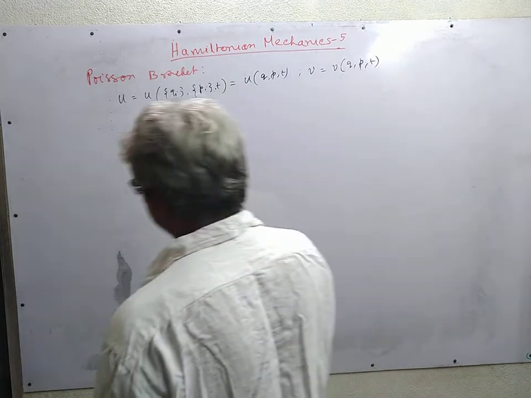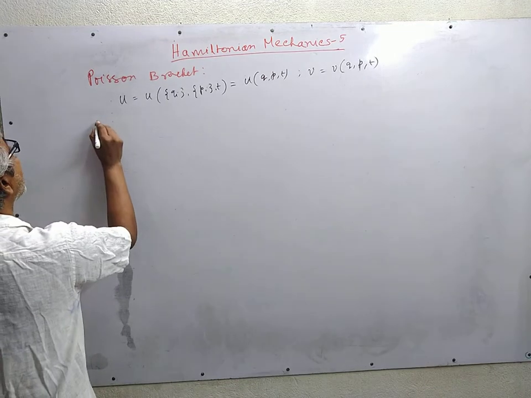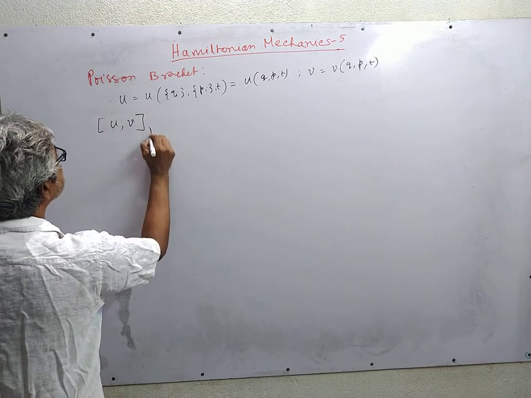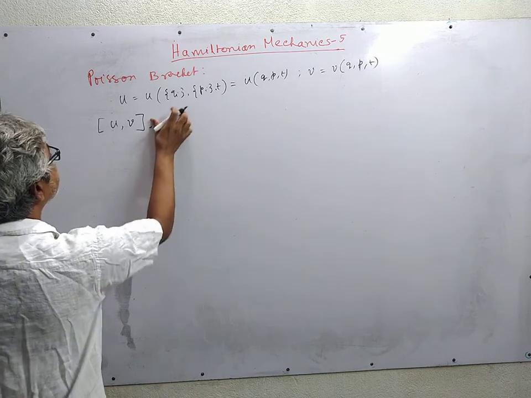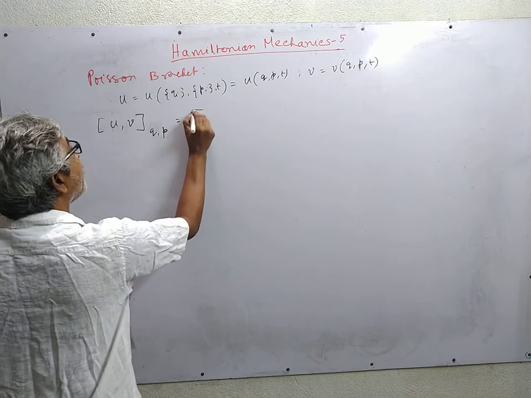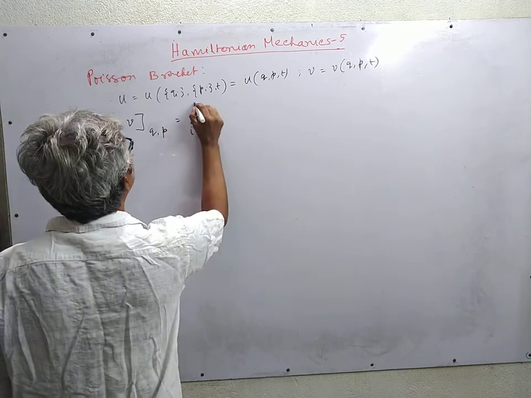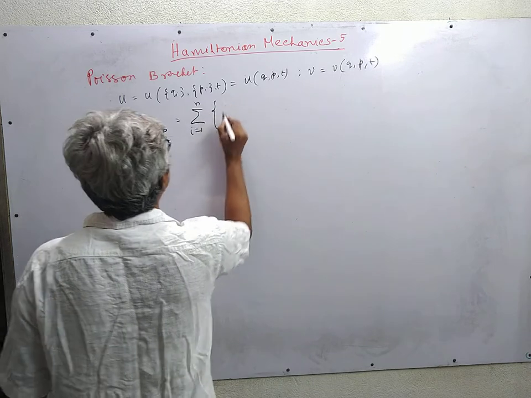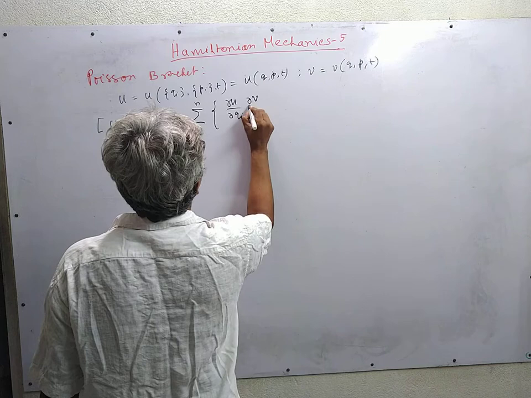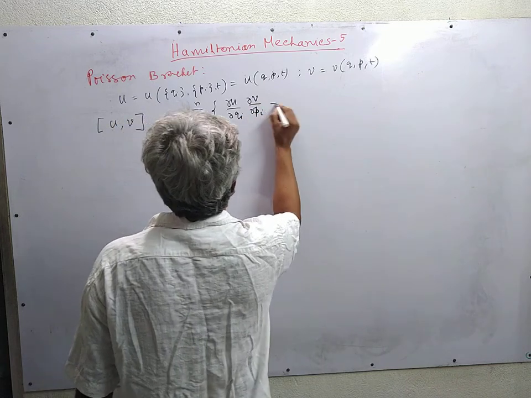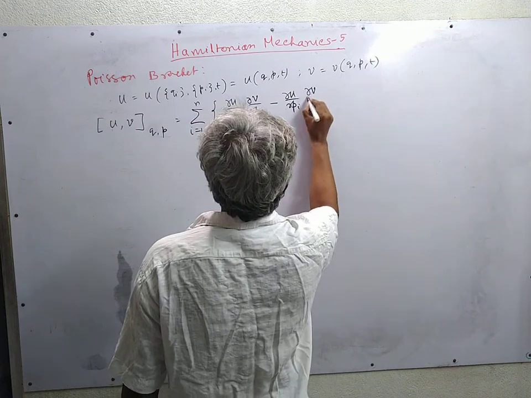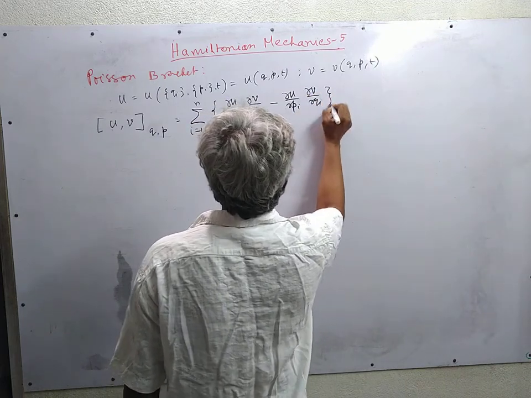The definition of the Poisson bracket is that the Poisson bracket of U and V, with subscripts q and p, is the sum over i equal to 1 to n of ∂U/∂q_i ∂V/∂p_i minus ∂U/∂p_i ∂V/∂q_i.